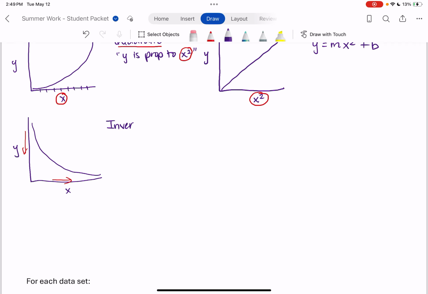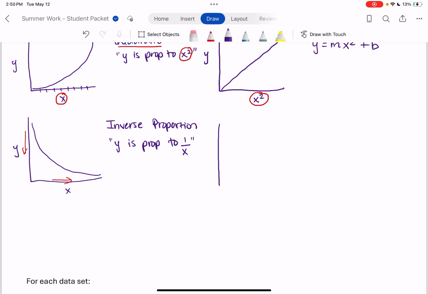This is also called an inverse proportion. We see that y is proportional to the inverse. Inverse is 1 over x. So if you have a graphing calculator, if you do 1 over x in your first function and graph it, you'll see that it looks like this.